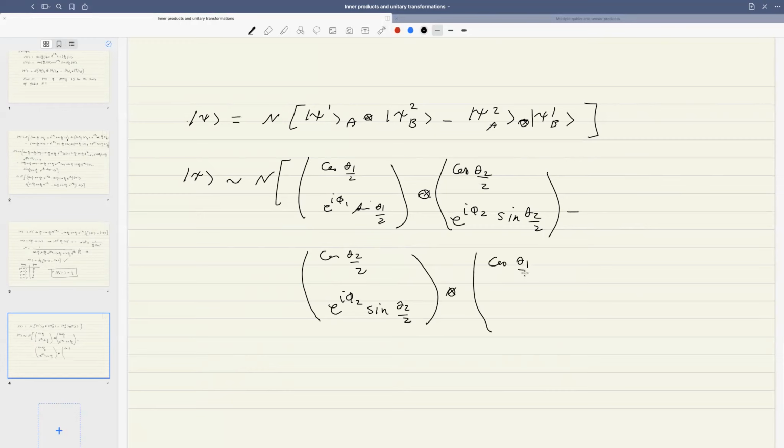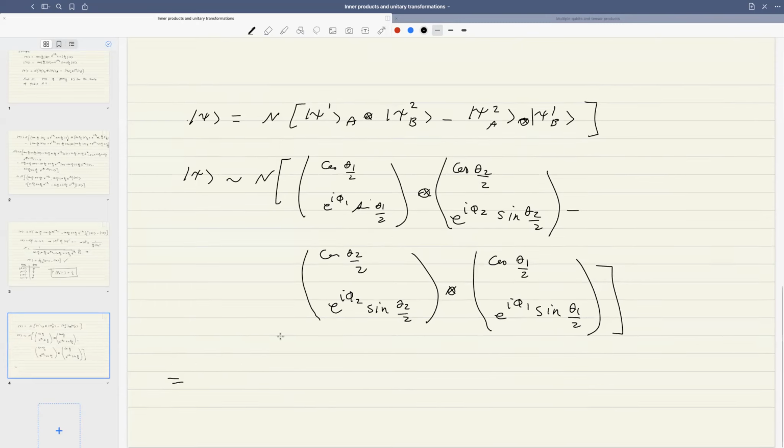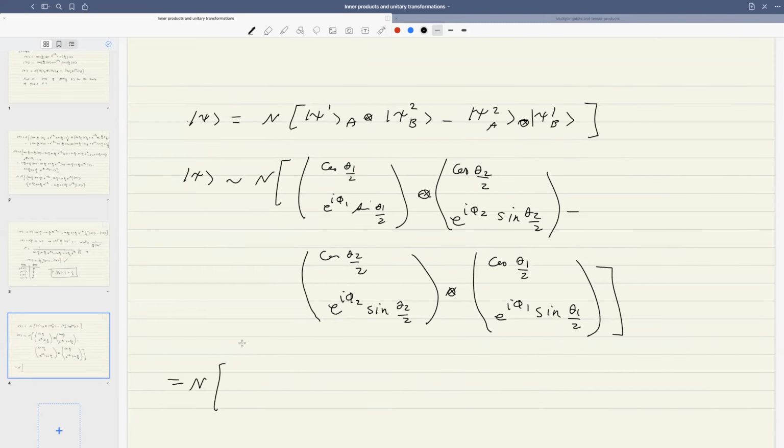cosine theta 1 over 2, e to the i phi 1 sine theta 1 over 2. And then essentially we would do the same thing, right? So for this tensor product, I have this element multiplying the second matrix. So I'm going to get cosine theta 1 over 2, cosine theta 2 over 2, cosine theta 1 over 2, e to the i phi 2 sine theta 2 over 2.